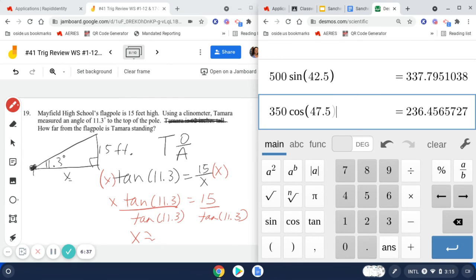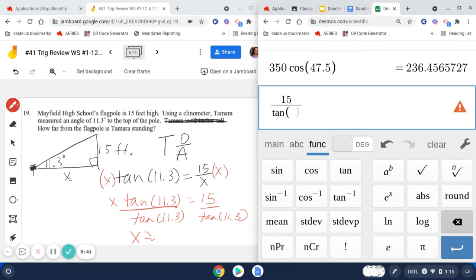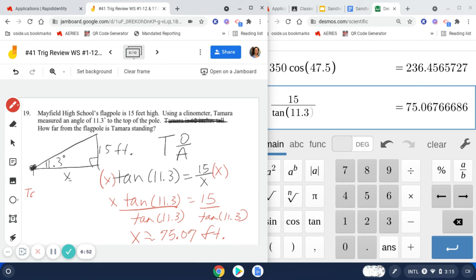So 15 divided by the tan of 11.3 is 75.07 feet. So we would say Tamara is 75.07 feet from the pole.